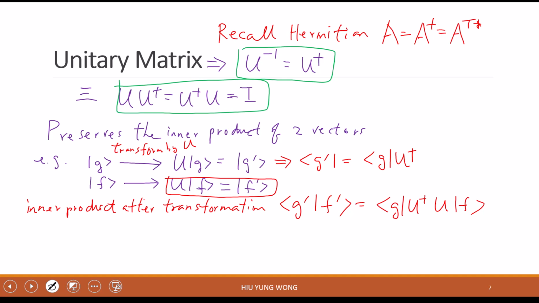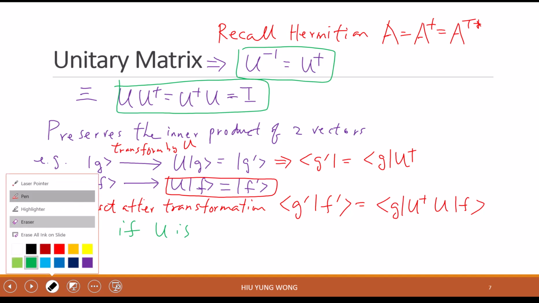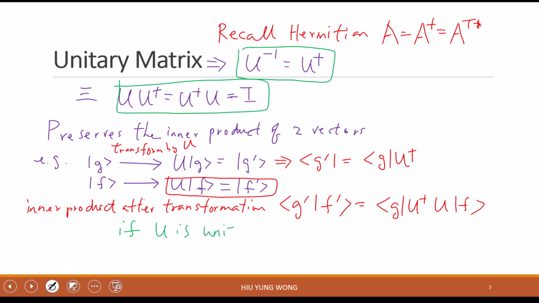Make sense? Again, looks very difficult, but this is all multiplication. Bra times a matrix times a matrix times a cat. Row vector times a matrix times a column vector. I can do the associative rule, right? So that's why I say if U is unitary, what does it mean?